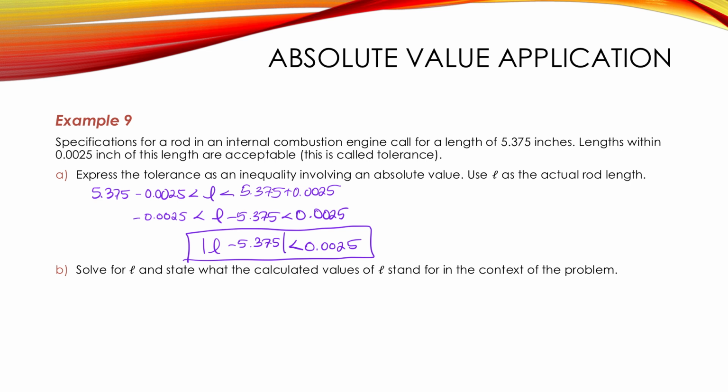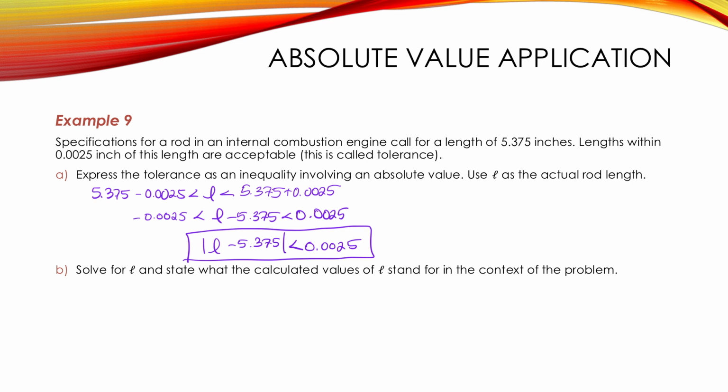Well, I know that it's okay for it to be 5.375 inches, but it could go up as much as 0.0025 and could be smaller than its given length by 0.0025, which means whatever length I have minus the 5.375 has to be less than the 0.0025, and that's what we're looking at.